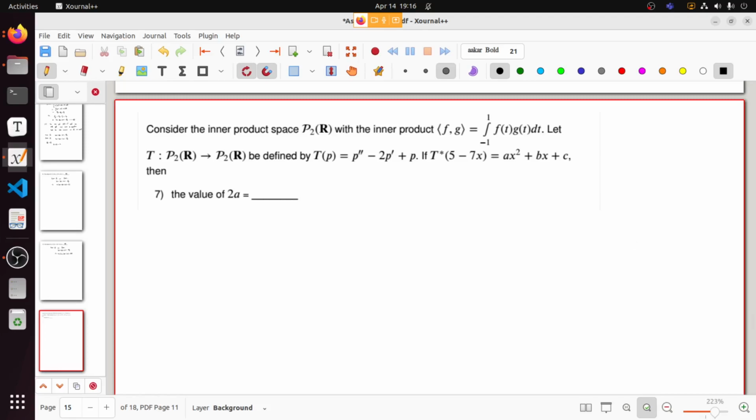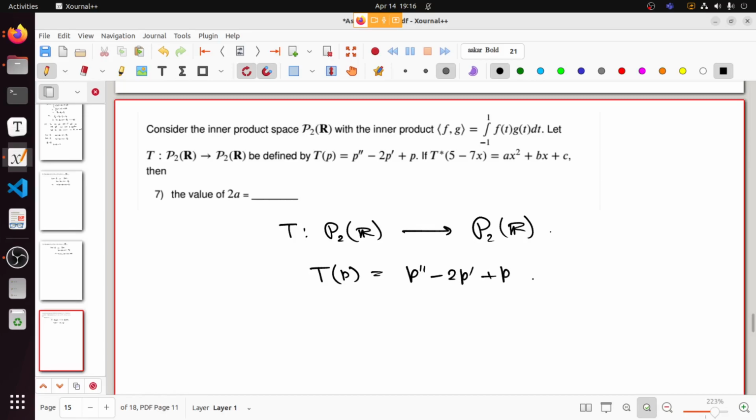So let's do this. T is a map from P2(R) to P2(R), right? T of p is given by p'' - 2p' + p.